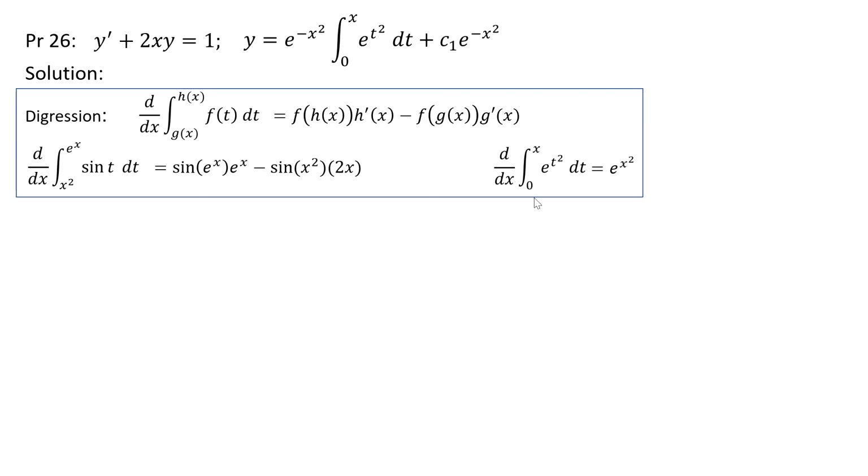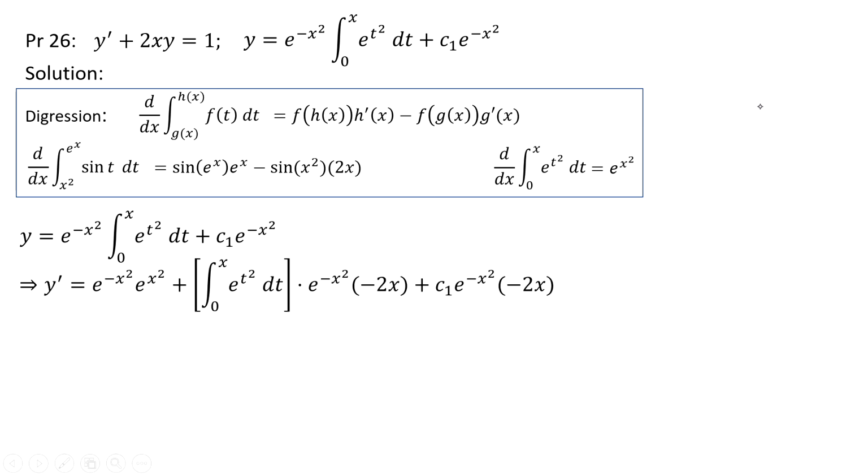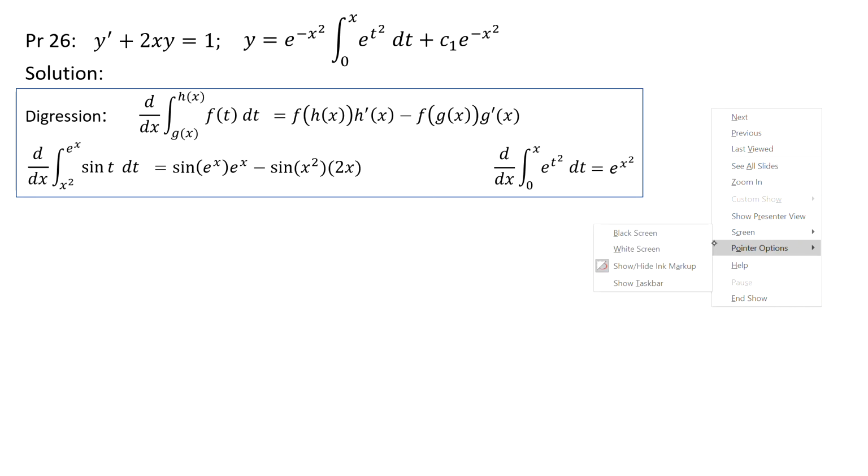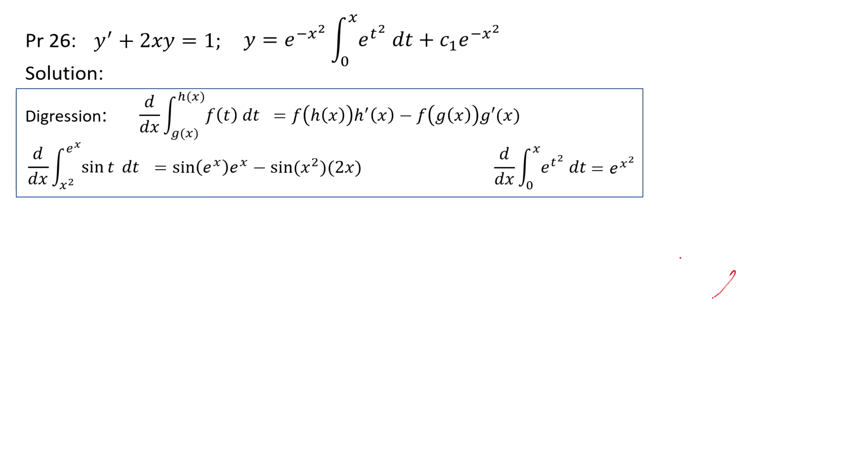No, don't be so fast. e to the negative x square, for instance. e to the negative x square is nothing but your bell curve. And anytime you're studying probability, you will bump into bell curves.